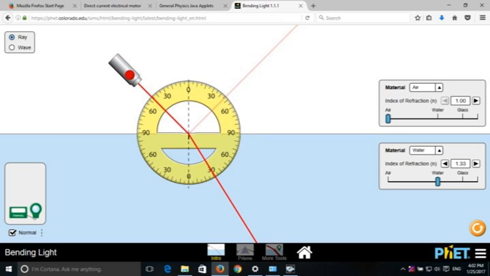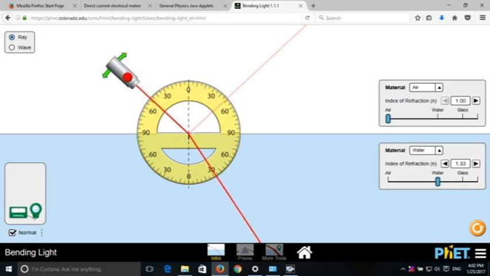When you observe the angle of refraction, it is less than that, almost 30 degrees. So when the ray is going from rarer medium to denser medium, the light ray is bending towards the normal and thus making the angle of refraction less than the angle of incidence.